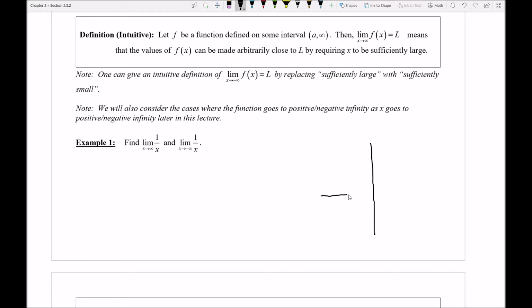Well, again, if I think about this intuitively based on the picture, I should be able to see that my graph of 1 over x looks like this, and like this, and kind of comes in two pieces. And so very clearly, if I follow the graph of 1 over x out towards the right side, and I just keep going and going, what I will be approaching is this horizontal asymptote, which is y equals 0.